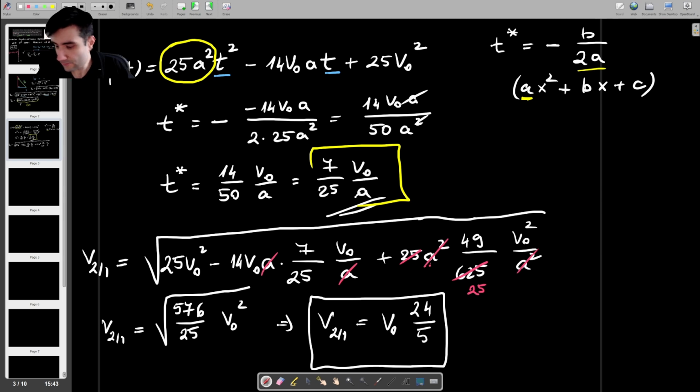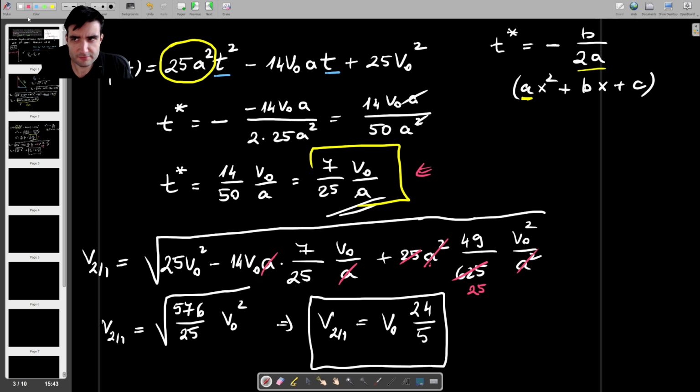So this value of velocity is the minimum relative velocity between the objects, and it happens at this time, 7 over 25 v0 over a.